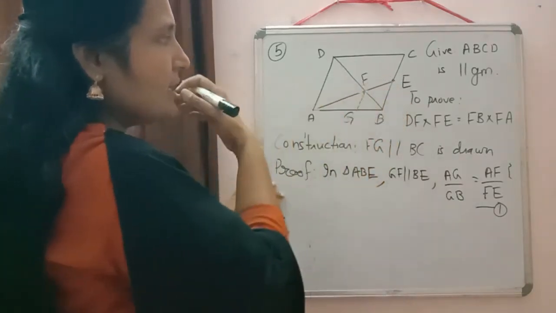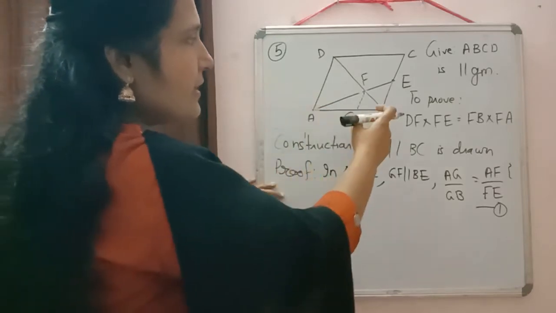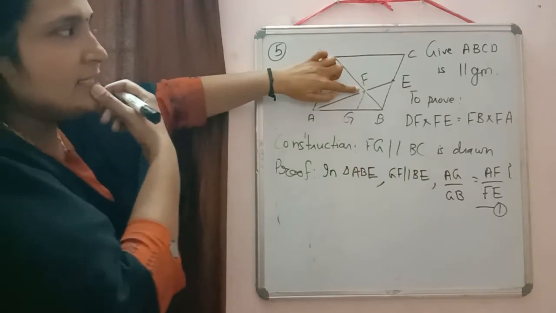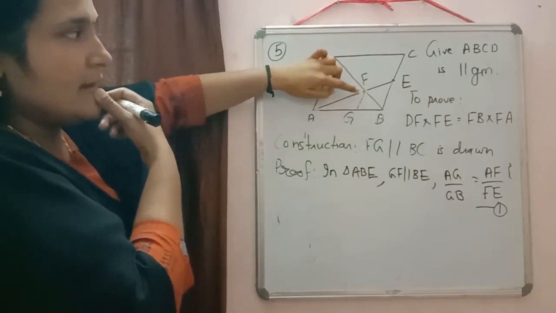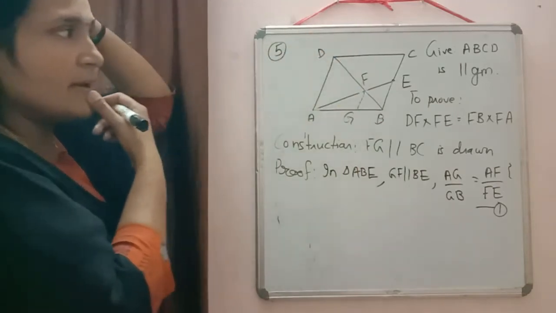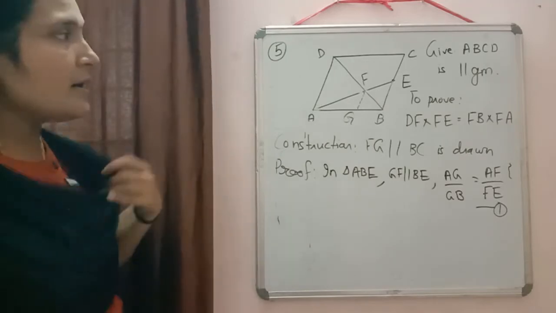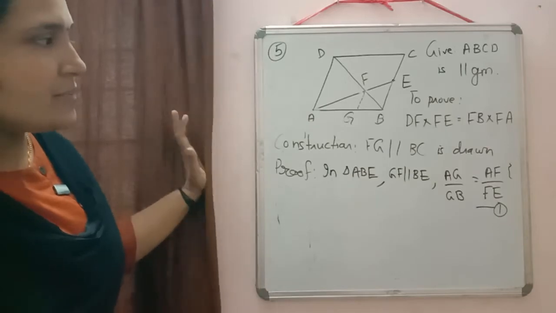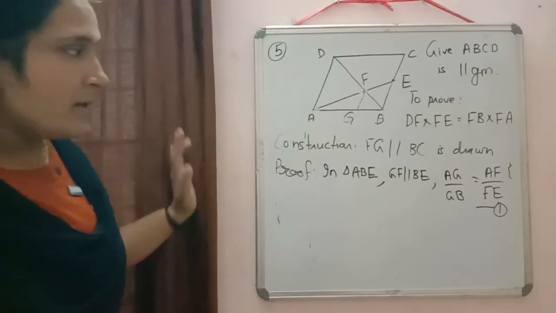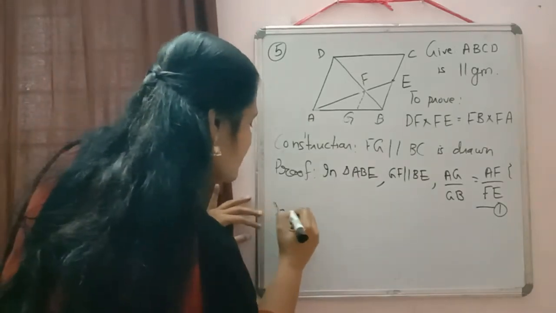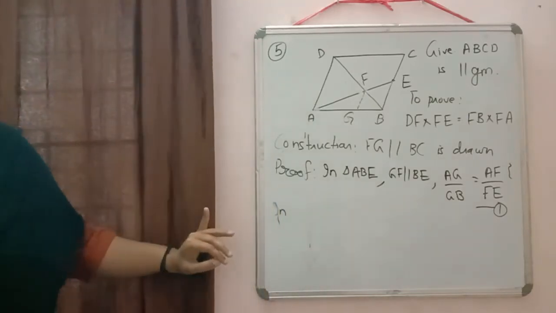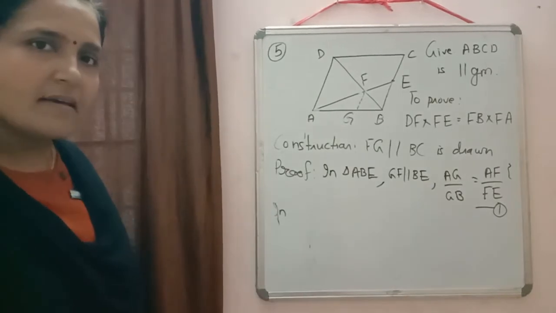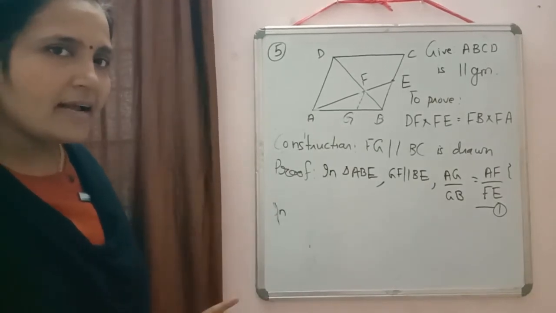FE we have here and BF is here. Think which triangle we are going to use now so that these sides come.